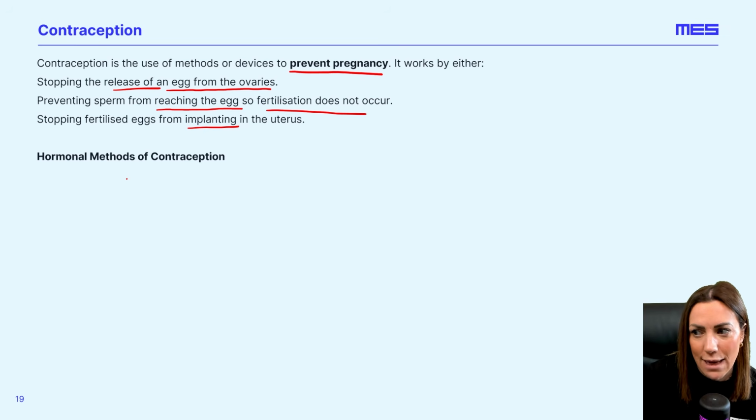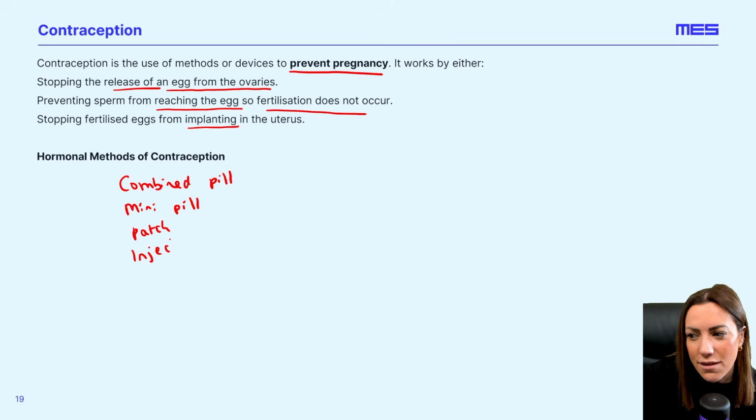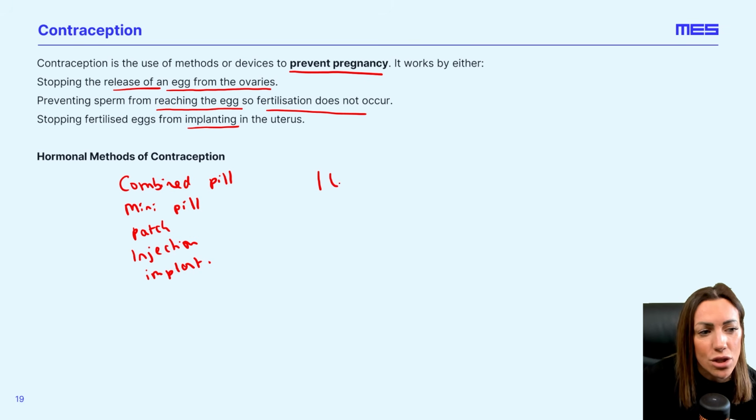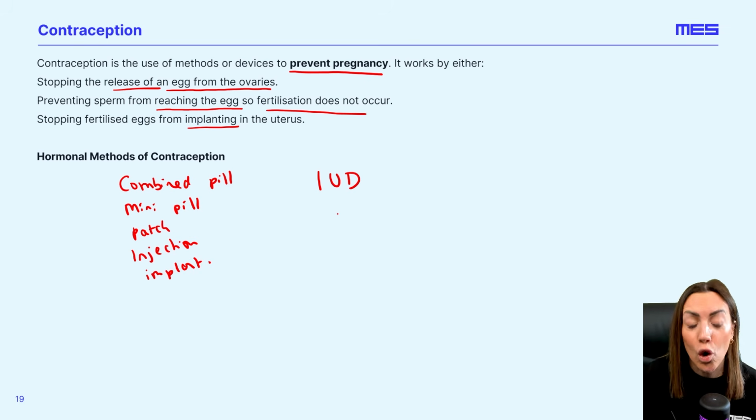Hormonal methods of contraception, we're going to look at the combined pill, the mini pill, the patch, there's the injection, there's the implant. There's also intrauterine devices or coils, which I haven't got in this presentation, but they can actually release the hormone progesterone.